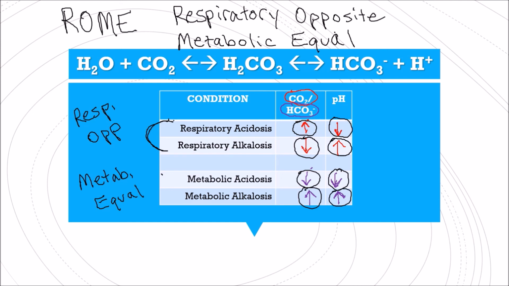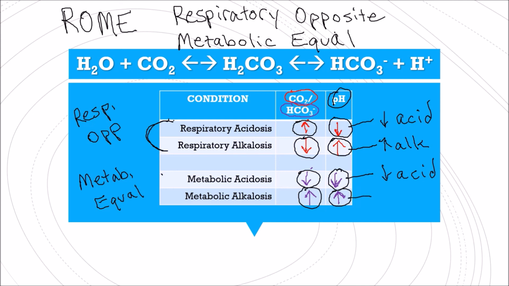Now, how can you determine which one is acidosis and which one is alkalosis? Well, that's because of the pH. If pH is down, that's acid. So here's acid. Here's another place where the pH is down. Acid. So those are your two acids. Here's where the pH is up, so that's alkaline.